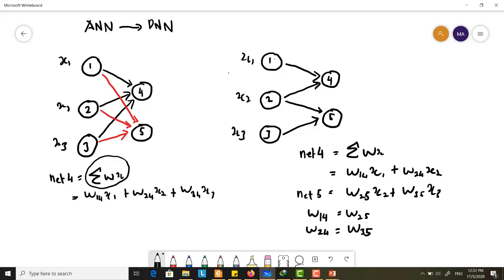So what happens here is also known as fully connected, or matrix multiplication. In terms of architecture, it is fully connected. In terms of operation, it is called matrix multiplication.